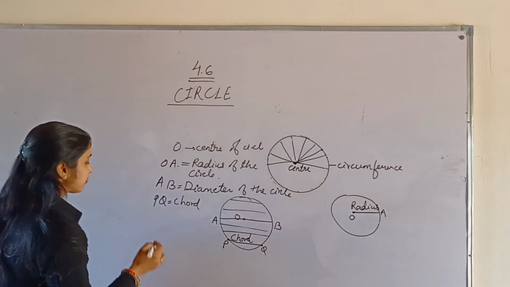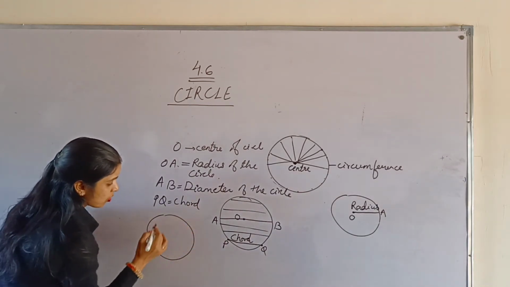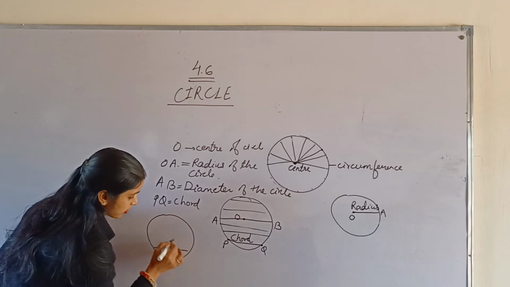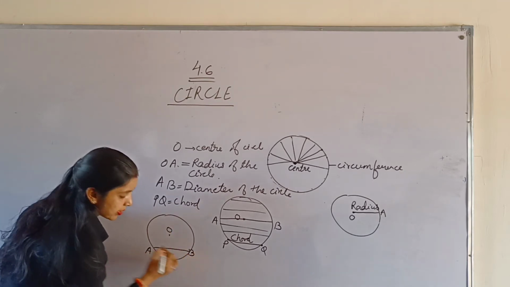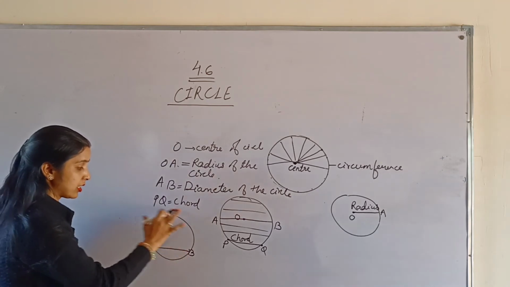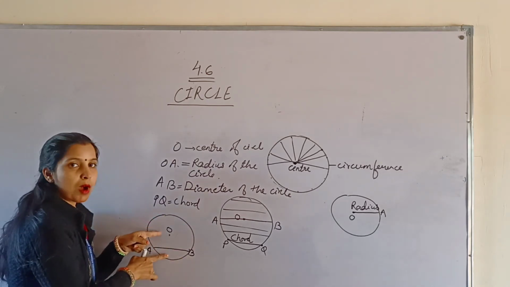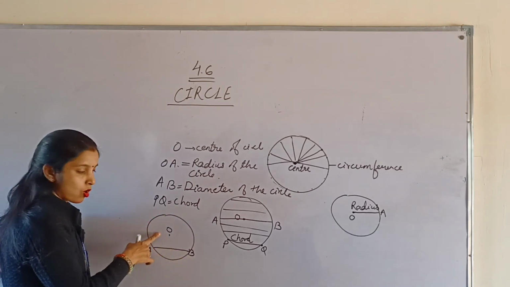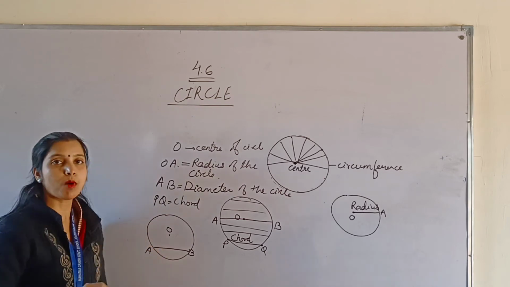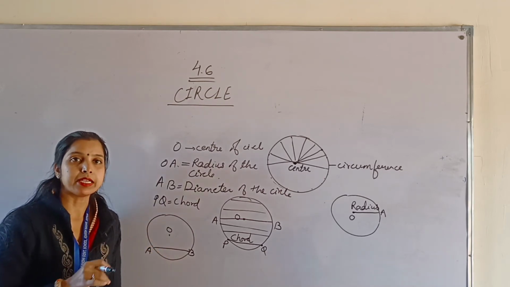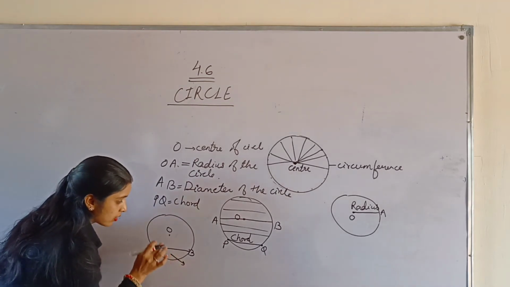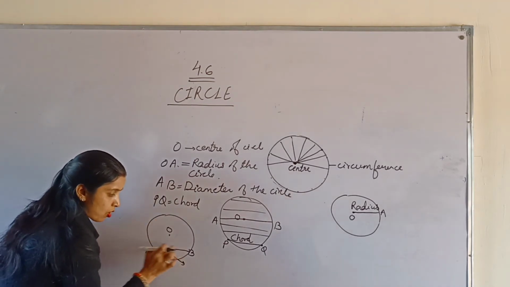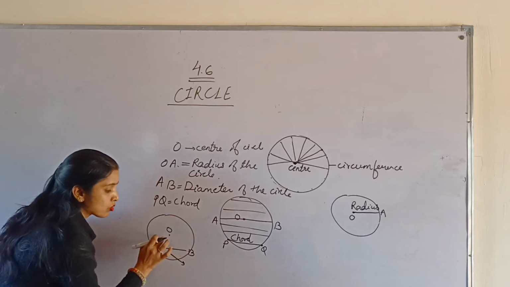Now see, if I draw a chord, this is the center, this is your chord AB. The chord divides the circle into 2 parts. These 2 parts are called segments. This one is smaller, this one is the big part. How many parts has the chord divided the circle into? 2 parts.